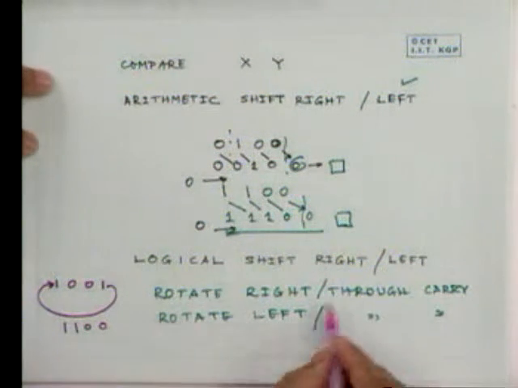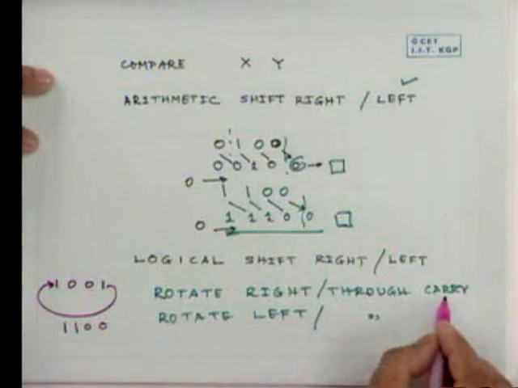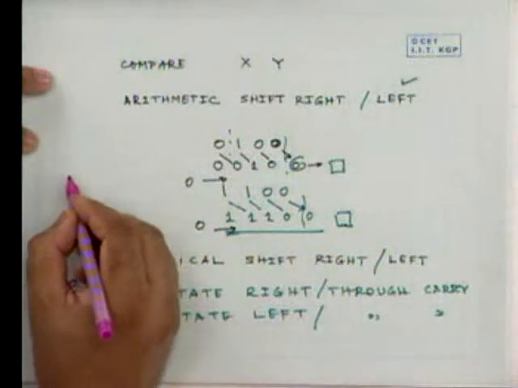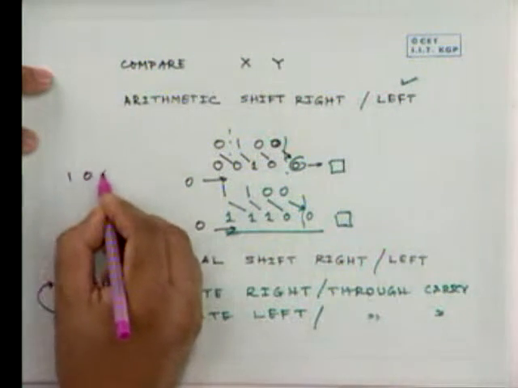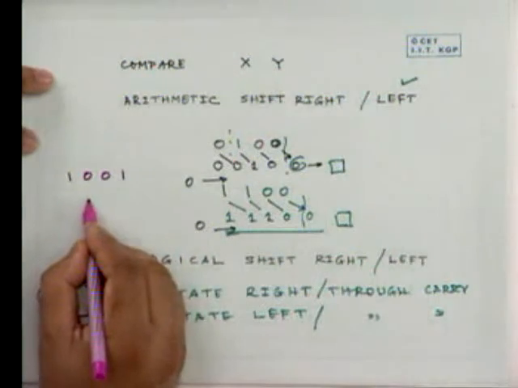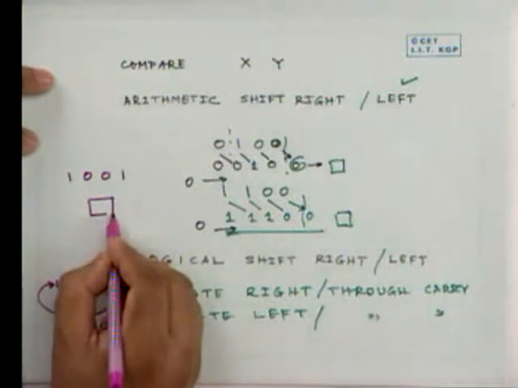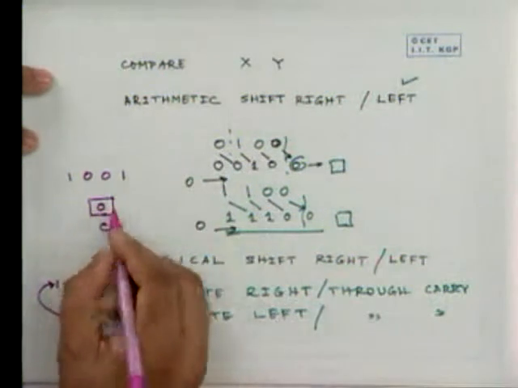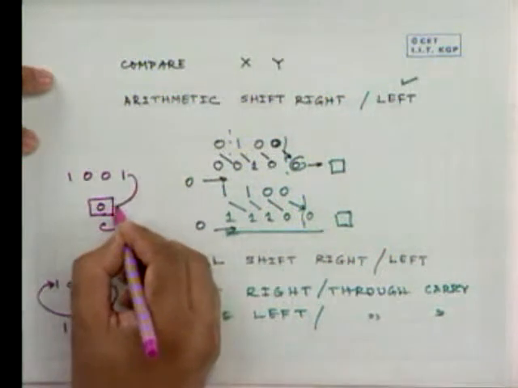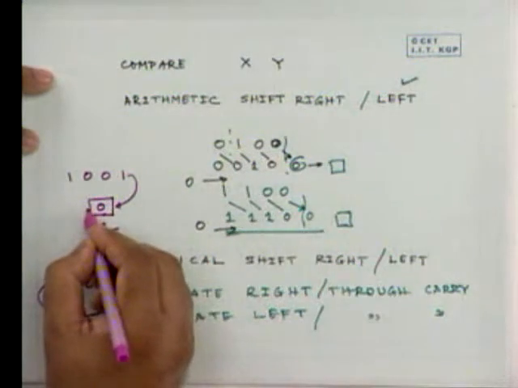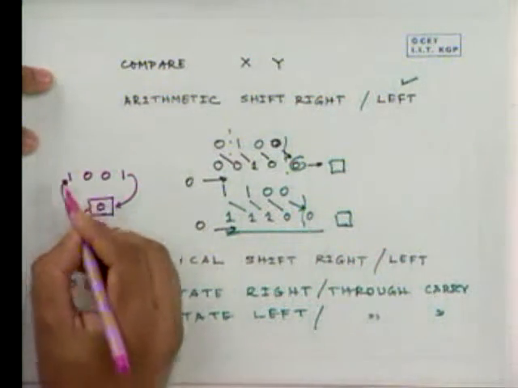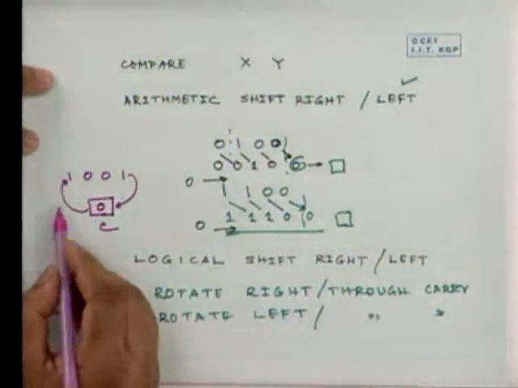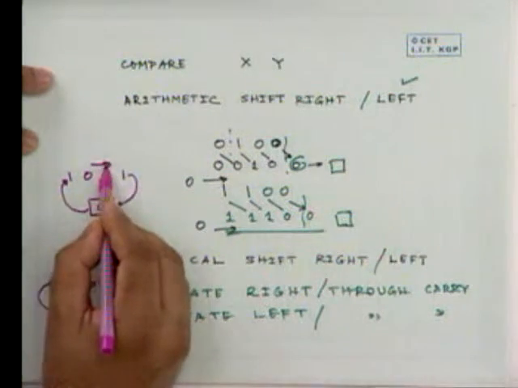And if it is rotate right through carry, say the original is 1001 and we have a carry flag, which was containing, say, 0, then this one comes into the carry, this 0 comes as the most significant bit, and the other bits are shifted to the right.